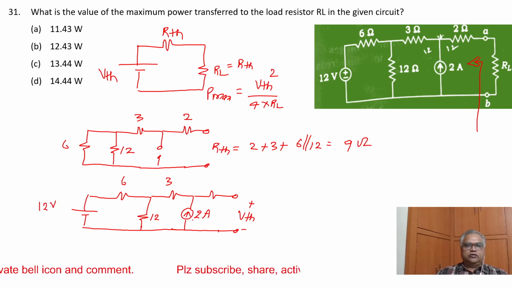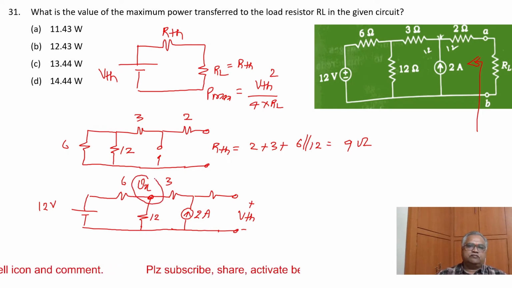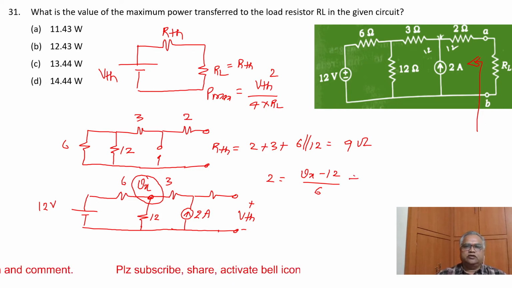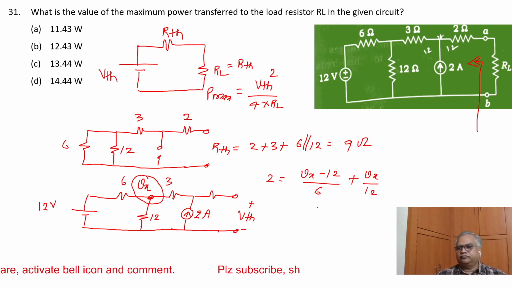Now it is a two source problem. To find this V Thevenin, assume some voltage Vx. Vx is unknown, so write the nodal equation here. The 2 ampere current is entering. So 2 is entering, equal to Vx minus 12 by 6 plus Vx by 12. So here we have to solve for Vx.